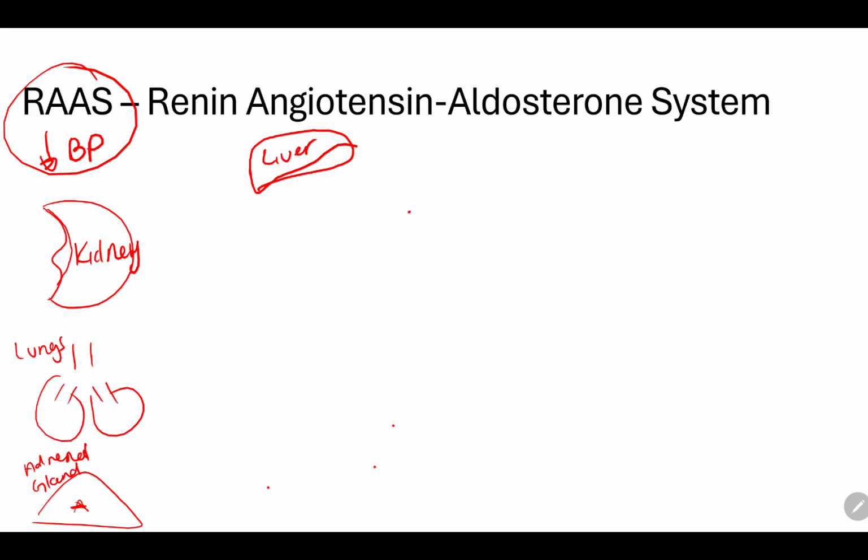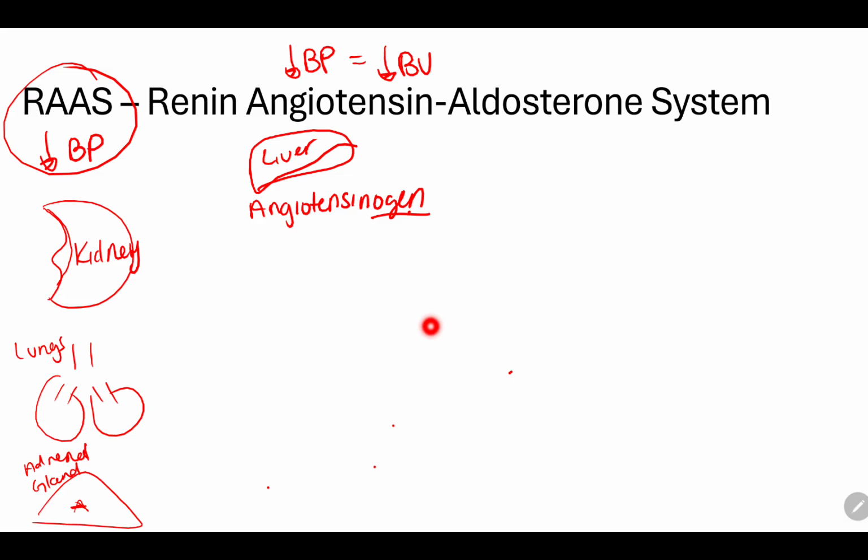Now, let's look at it for a second. When you have a drop in blood pressure, you most likely will have a drop in blood volume, meaning you don't have that much fluid in your vessels, right? So that's going to drop your blood pressure. So the liver will produce a protein called angiotensinogen.